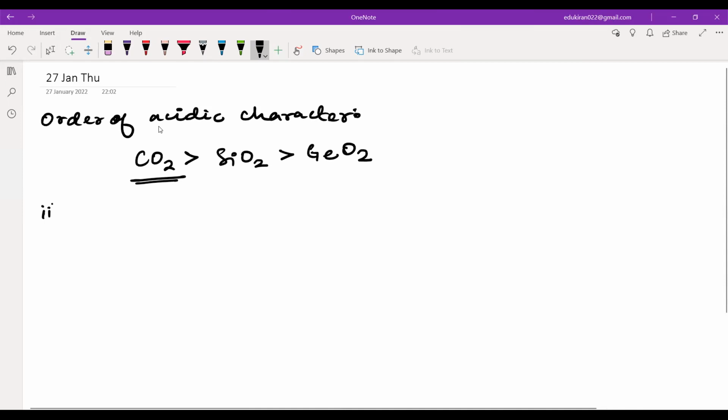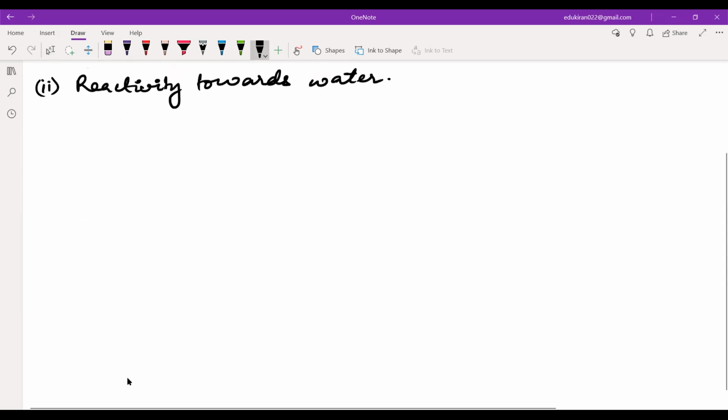Second point is regarding the reactivity towards water. What happens if you put coal in water?